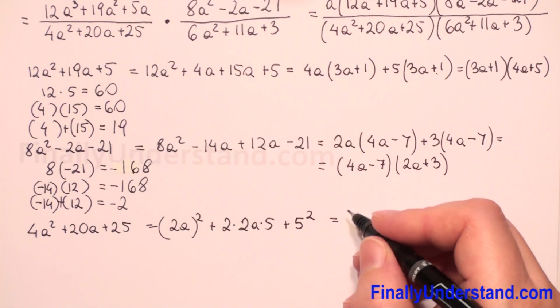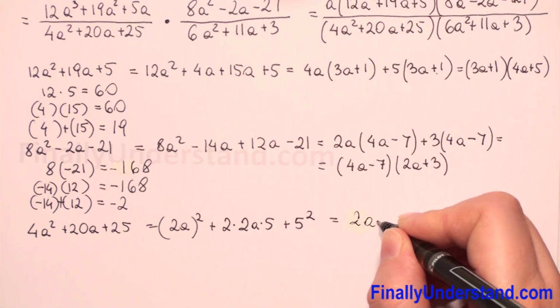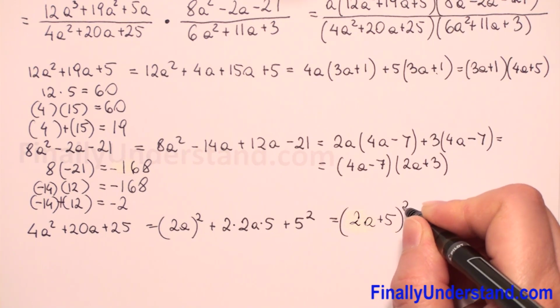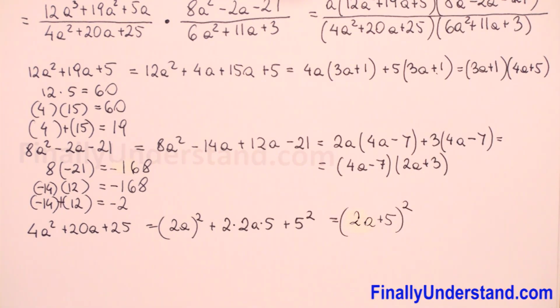So now we see that this is equal to 2a plus 5 to the second power, the square of a sum. Let me remind you of this formula.